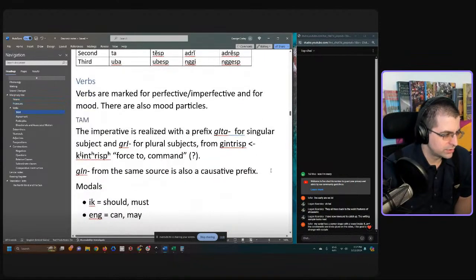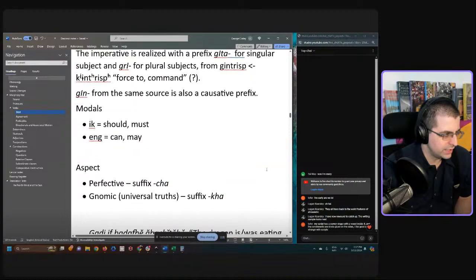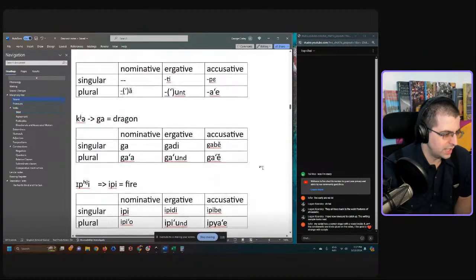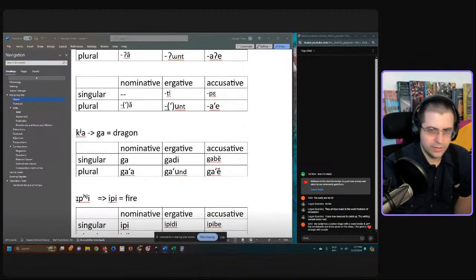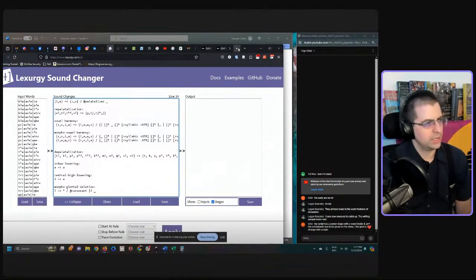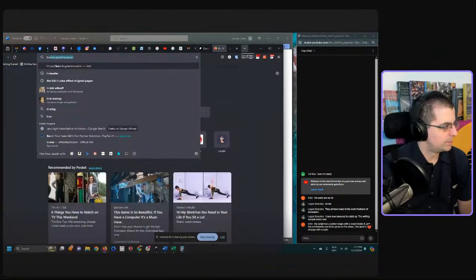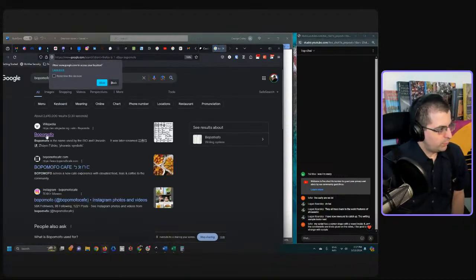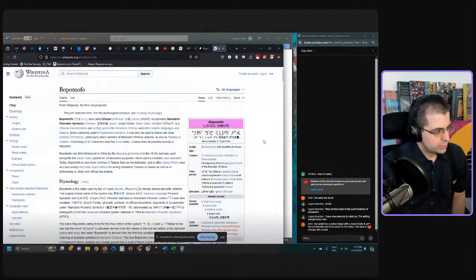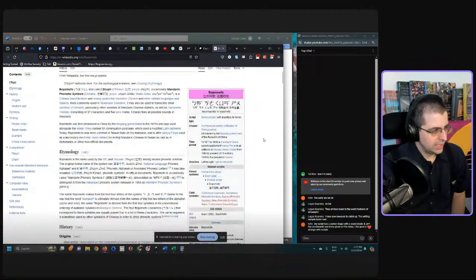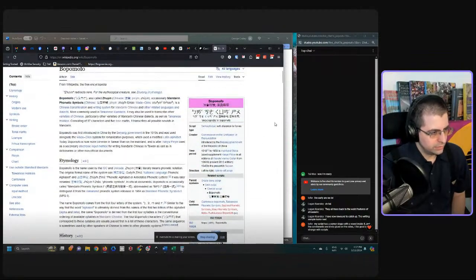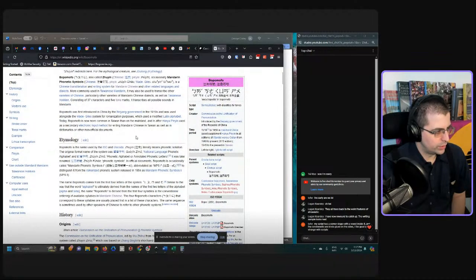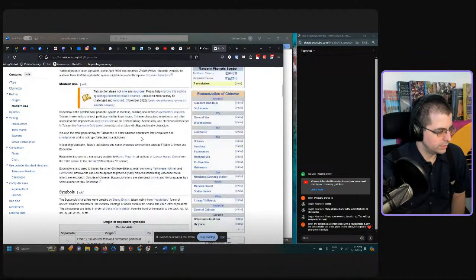Another thing I was thinking about for inspiration is Bopomofo, or Zhuyin Fuhao, which is what you usually would call it in Chinese, but Bopomofo is also used.